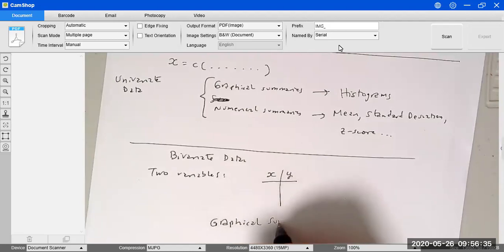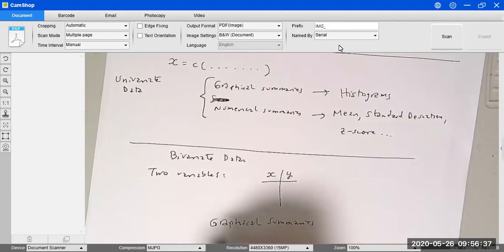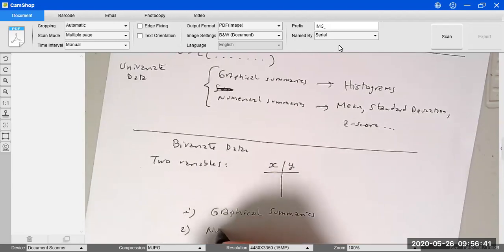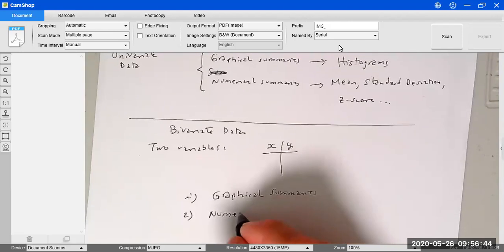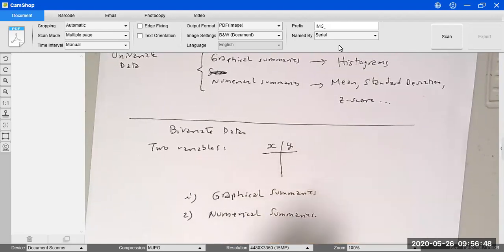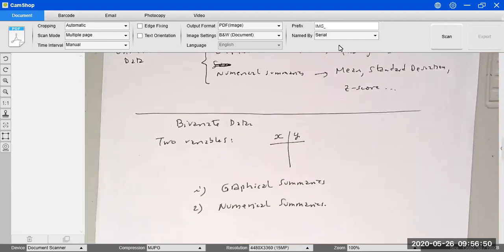And we're going to generate also numerical summaries. So that's what we will cover in this chapter. We're going to work on two sections during this lecture, and then we're going to be able to have these summaries of bivariate data.